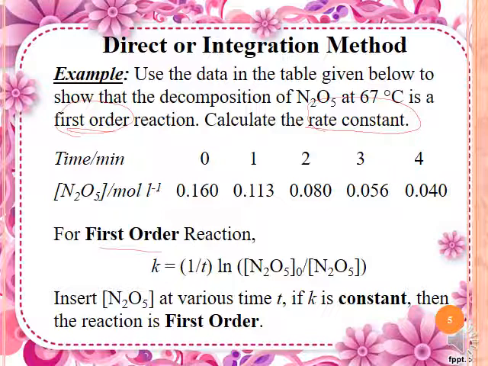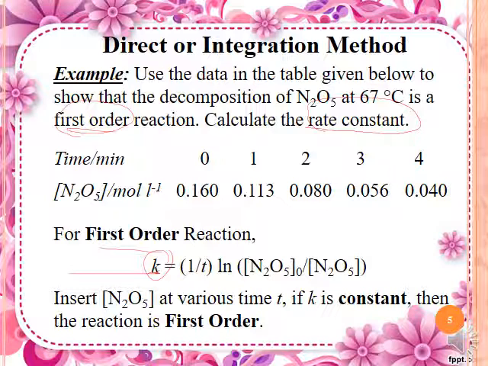We rearrange it so that we can calculate the rate constant k. Once we arrange, it becomes k = 1/t ln of the initial concentration of nitrogen pentoxide divided by the concentration of nitrogen pentoxide at different time intervals.